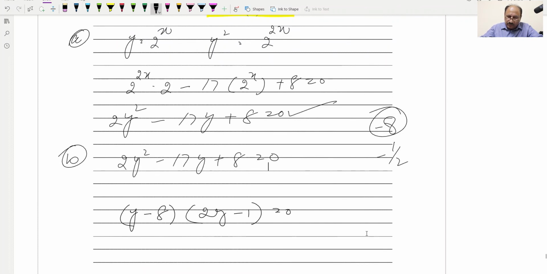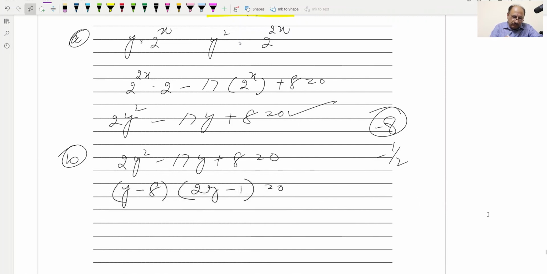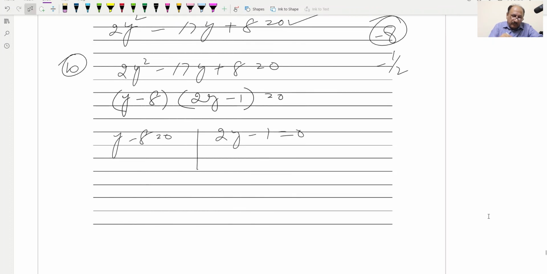And we have factorized this just now, and we can write this one over here, and this implies y is equal to, we can write y minus 8 is equal to 0, or 2y minus 1 is equal to 0, and we can write y is equal to 8 or y is equal to 1 by 2.